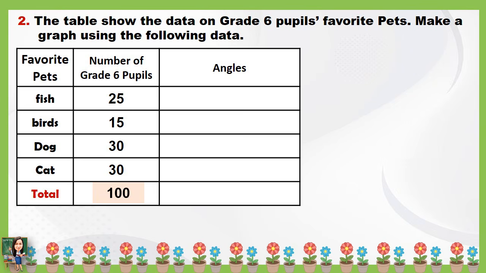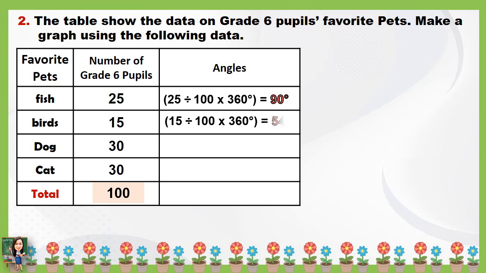To get the angles for fish, divide 25 by 100, the total number of grade 6 pupils, times 360 degrees equals 90 degrees. For birds, 15 divided by 100 times 360 degrees equals 54 degrees. Dog, 30 divided by 100 times 360 degrees equals 108 degrees.